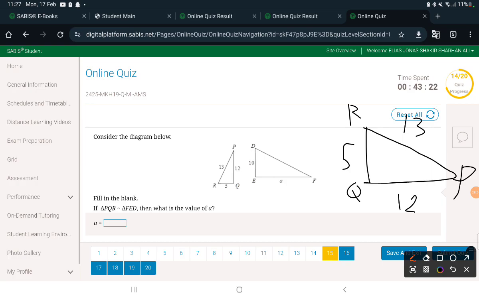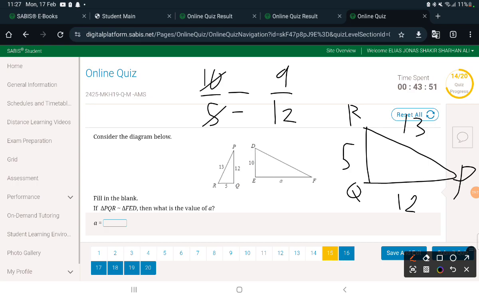We have 10 over 5 equals X over 13. Wait, no, what am I saying? Not X over 13. 10 over 5 equals A over 12.